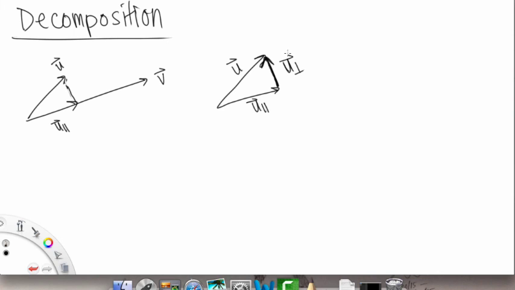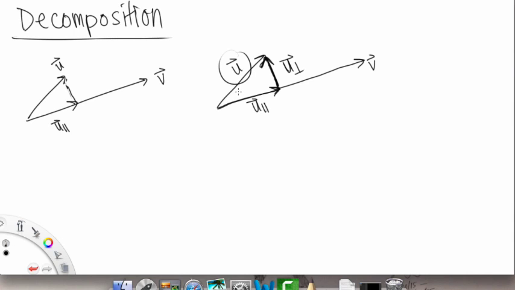As you can see, we decomposed u, our original vector, into a parallel part, the part that lines up with v, and a perpendicular part, the part that is exactly 90 degrees, or pi over 2 radians, away from v.